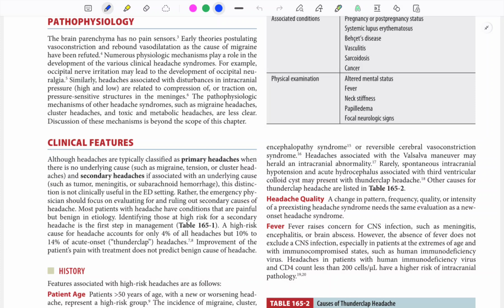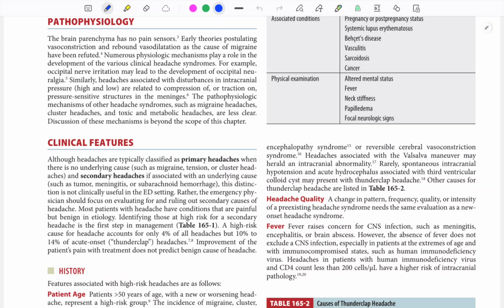Secondary headaches are associated with an underlying cause, like a tumor, meningitis, subarachnoid hemorrhage, ICH. So the headache is not the disease in itself. It is a symptom of something much more serious, which we need to identify and treat in order to treat the headache.